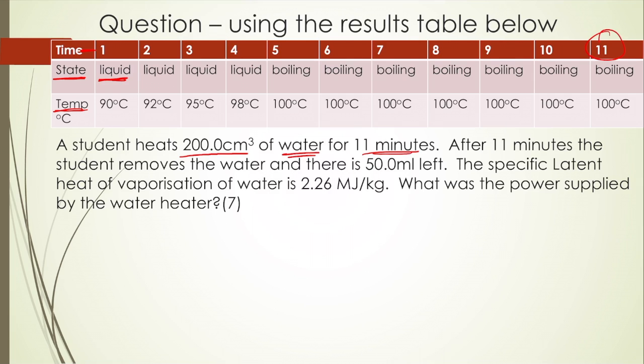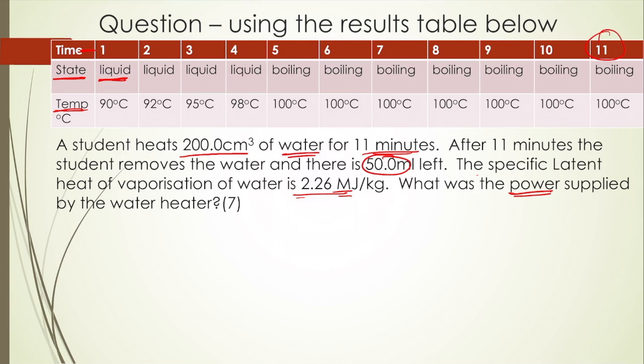So that's the 11 minutes at the far end. After 11 minutes, the student removes the water and there is 50.0 millilitres left. The specific latent heat of vaporization of water is 2.26 megajoules per kilogram. What was the power supplied by the water heater?